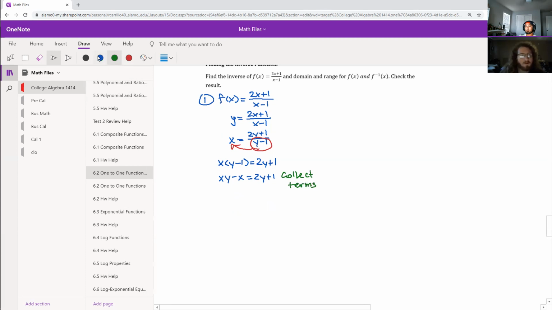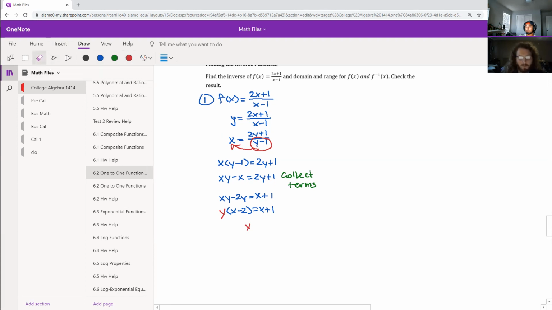And we'll have xy minus 2y will equal x plus 1. We added an x to both sides, subtracted a 2y from both sides. We're going to factor out this y, (x minus 2) times y equals x plus 1, and then just divide.